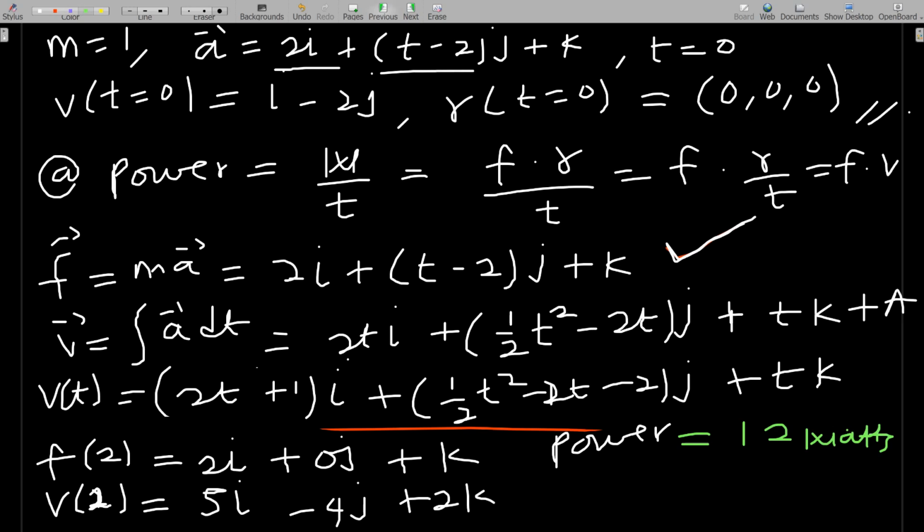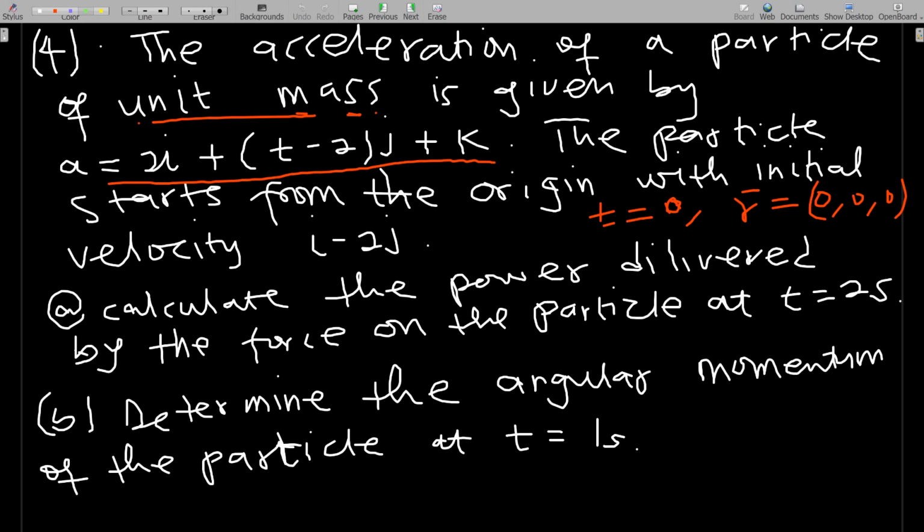Now the next question is, we're supposed to determine the angular momentum of the particle at time t equals 1 second. So we said angular momentum L is equal to R cross P. And since we know V, we can find our P. Our P is simply equal to mass times velocity.